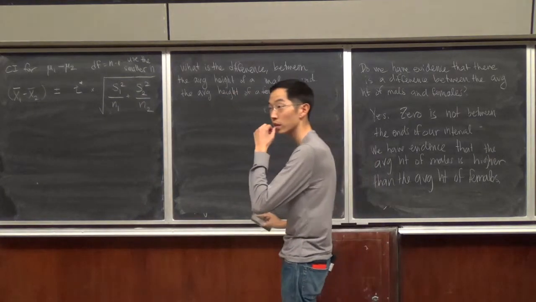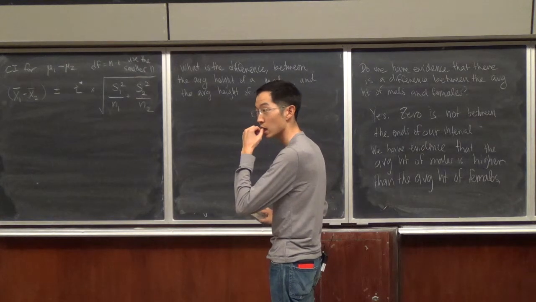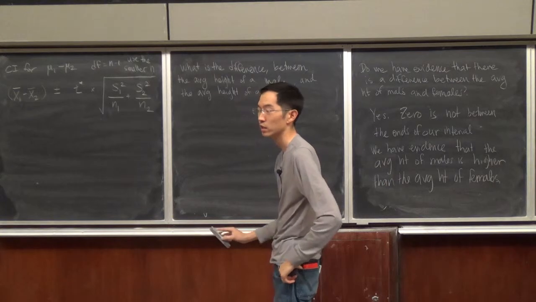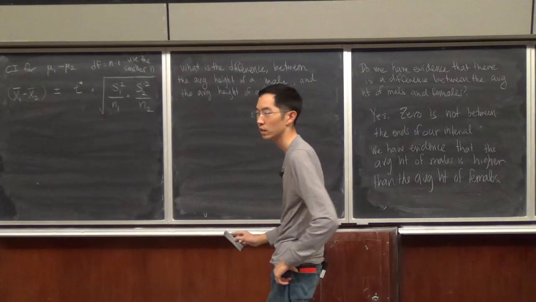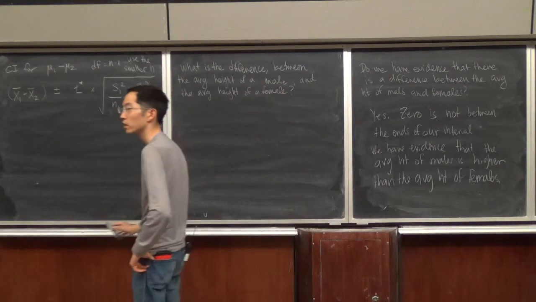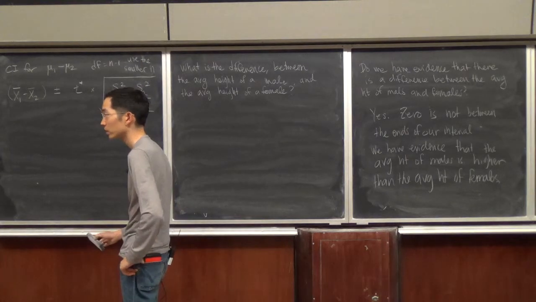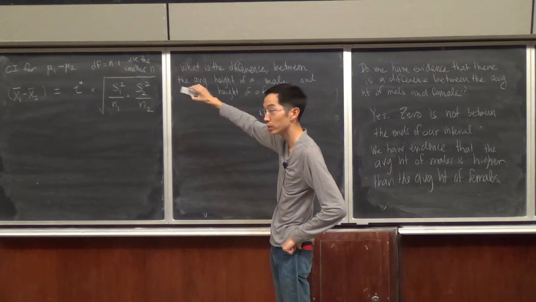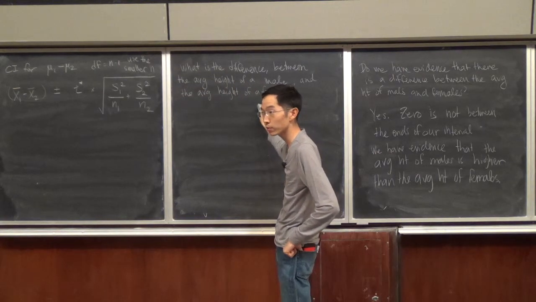Question? Yeah, they're trying to find a confidence interval between the average height of males and females. And you're trying to solve for a confidence interval for mu1 minus mu2, right? What is mu1 minus mu2? It's the difference. So mu1 is the mean height of males. Okay. mu2 is the mean height of females.